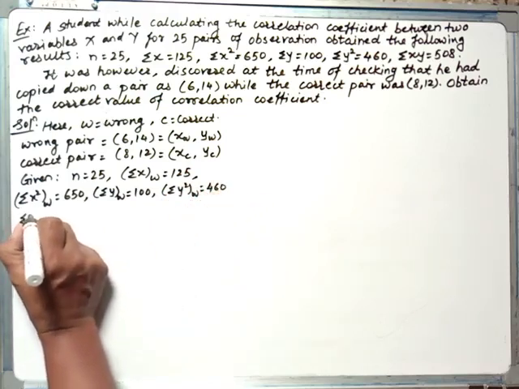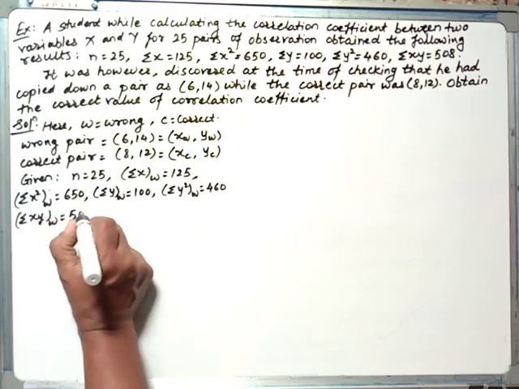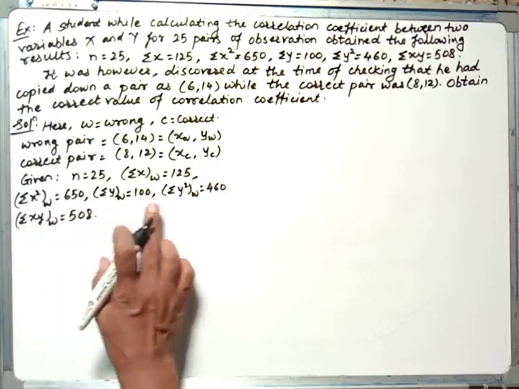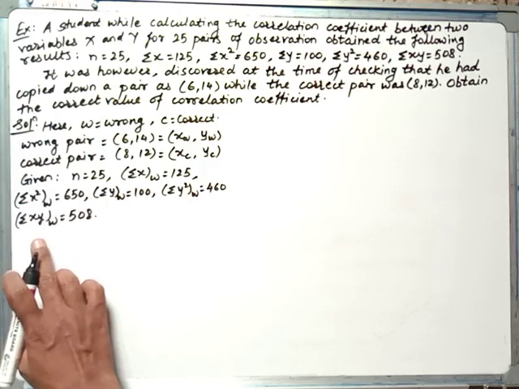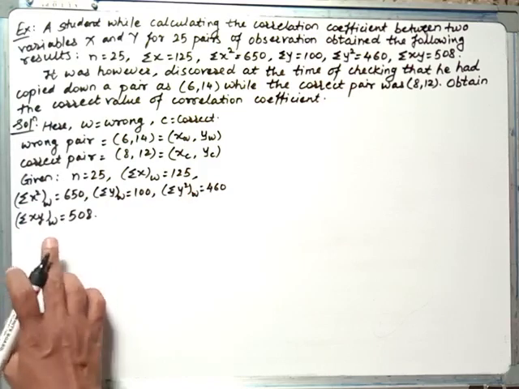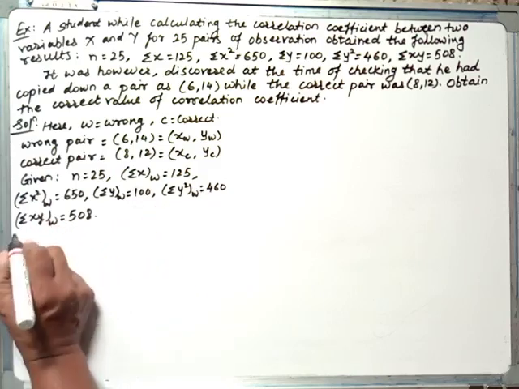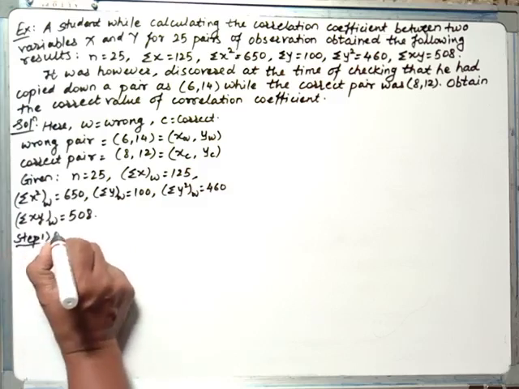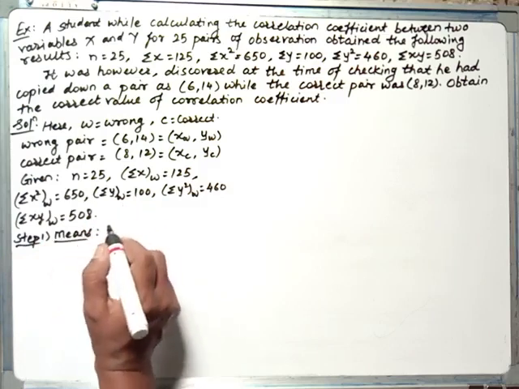And summation xy is also wrong, it is 508. So our aim is that first of all we need to determine all these correct sums. But let me do this while calculating the coefficient of correlation using our steps. So let me use step 1, which is for means. So now we are obtaining correct means, right?